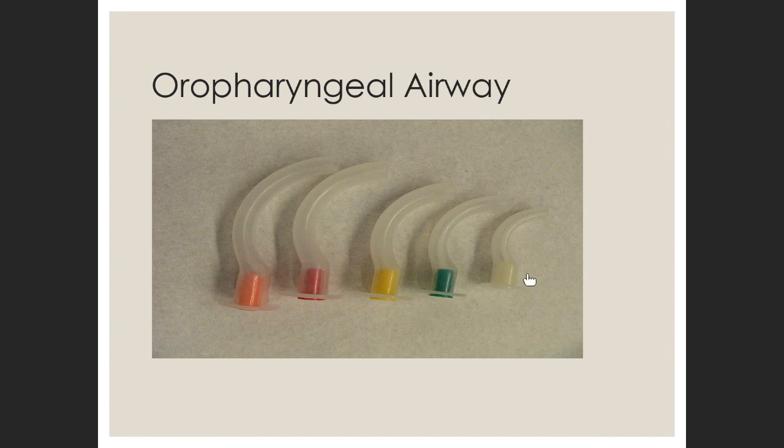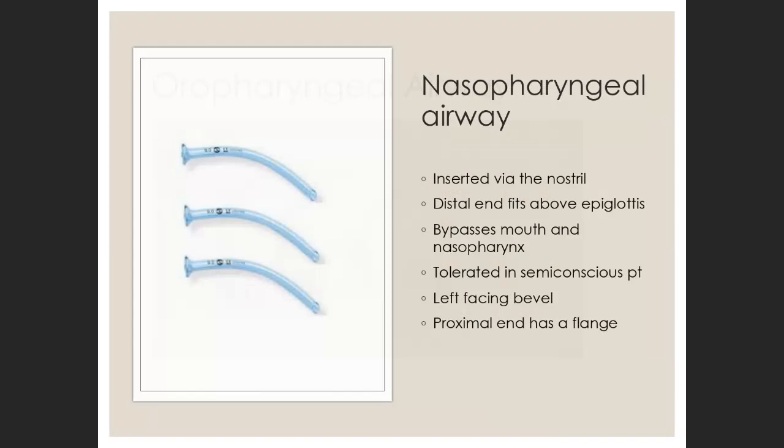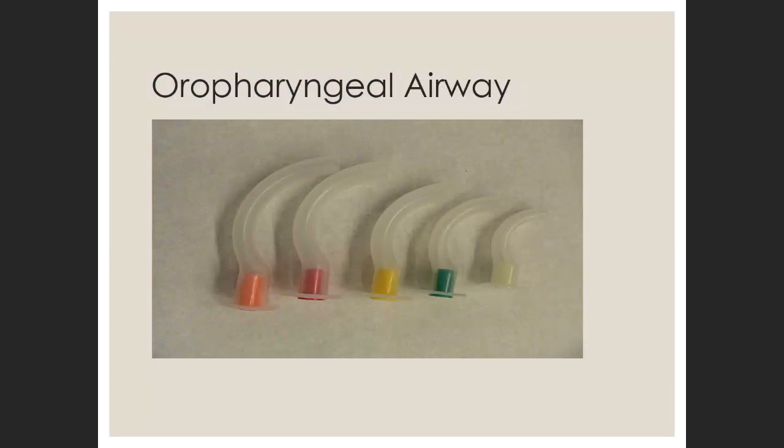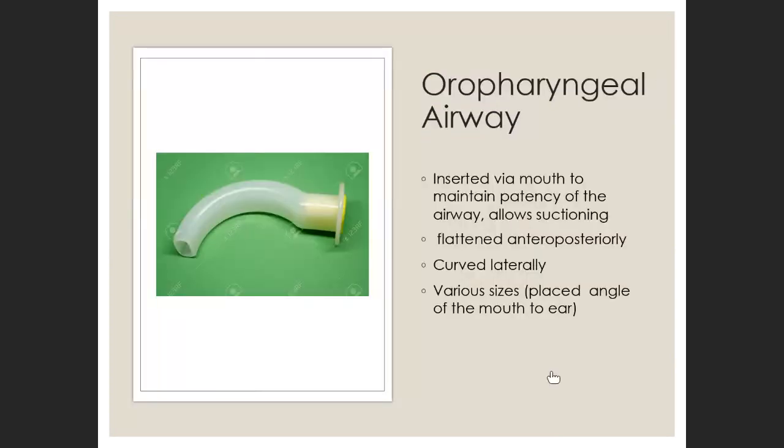All right? Again, it's color coded, can you see? To help with size. So you realize that color coding is used a lot in anesthesia. Who knows the measurement of an oropharyngeal airway?